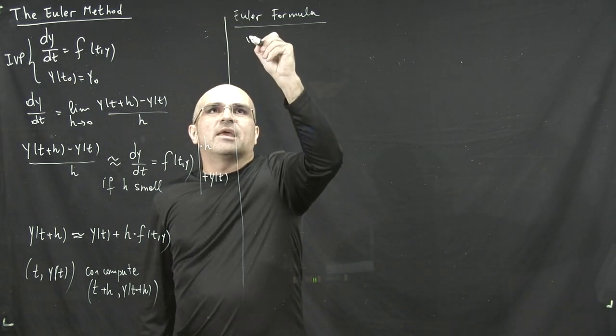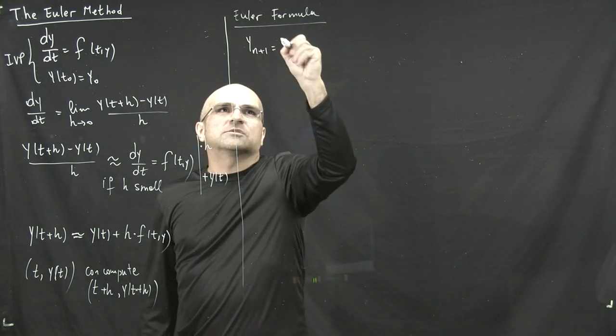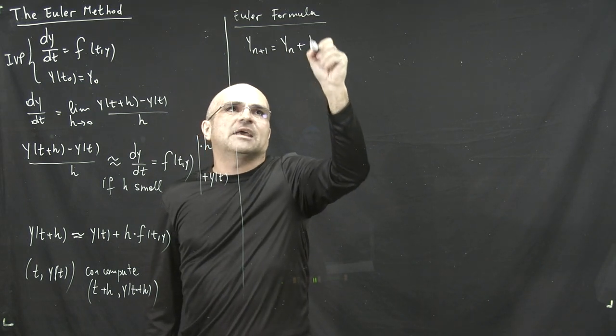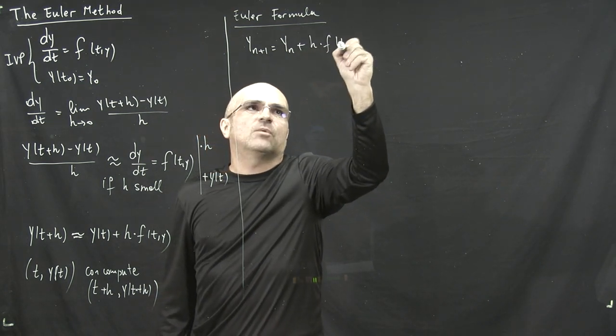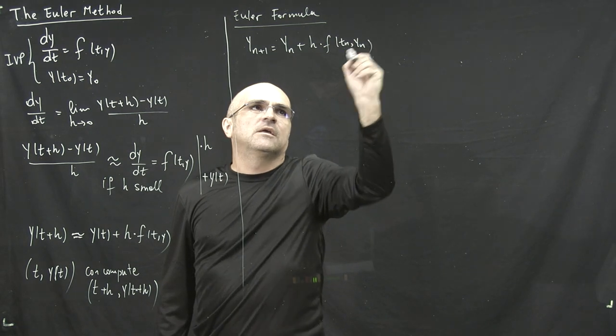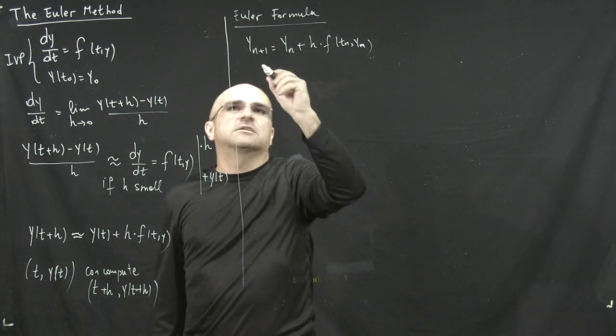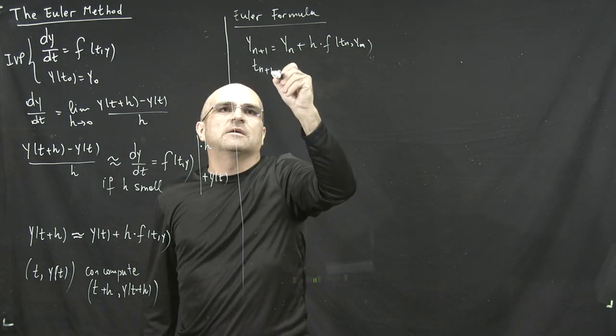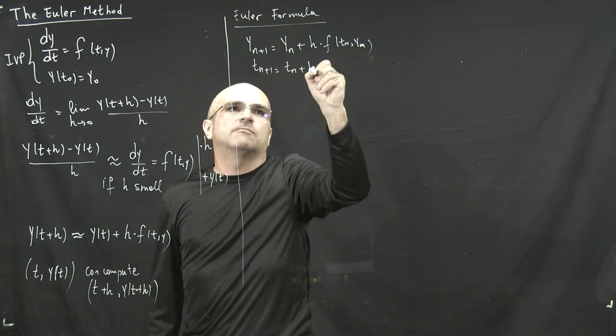So y(n+1) equals y(n) plus h times f of t(n), y(n), and t(n+1) equals t(n) plus h.